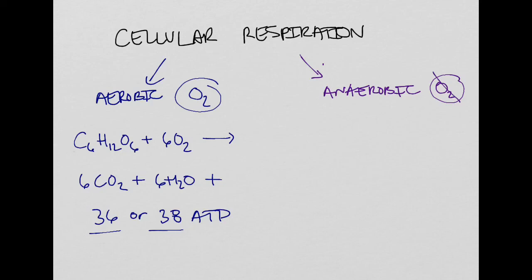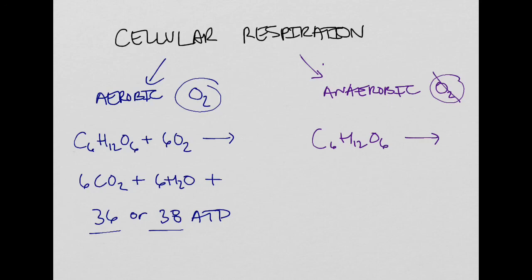Now, the equation for anaerobic cellular respiration is a little different because we don't have oxygen present, so we're not able to fully catabolize or break down glucose. So you can see here C6H12O6. We start out with glucose, same thing, but we don't have any oxygen, so I'm not going to put it in the equation. And we get out, here's another tricky part, two different things, depending on what type of organism you are.